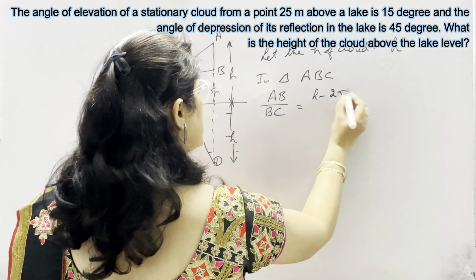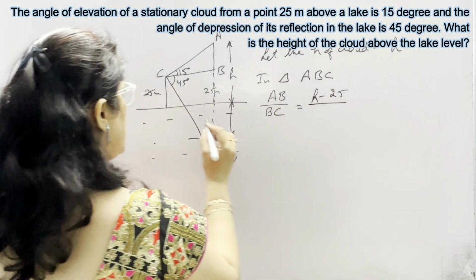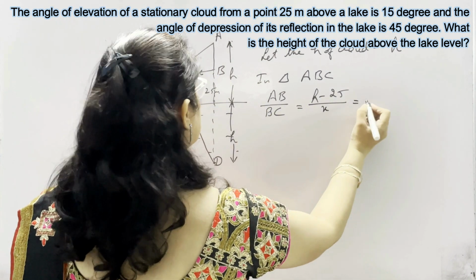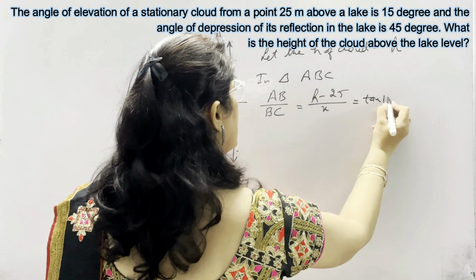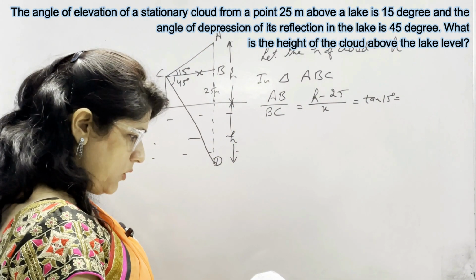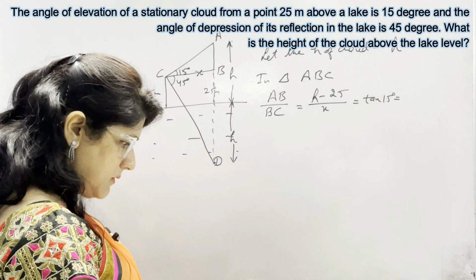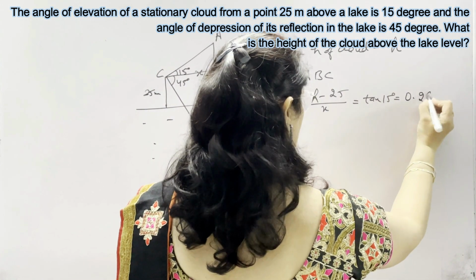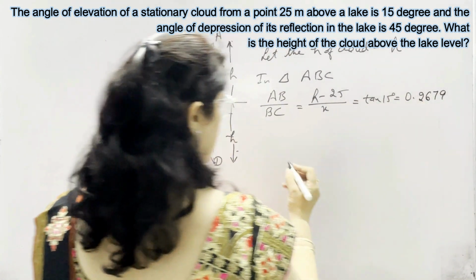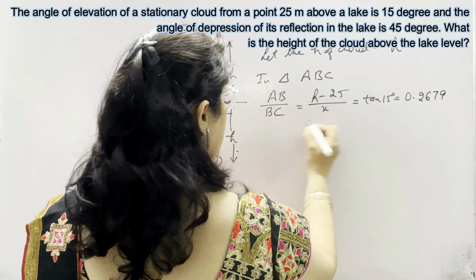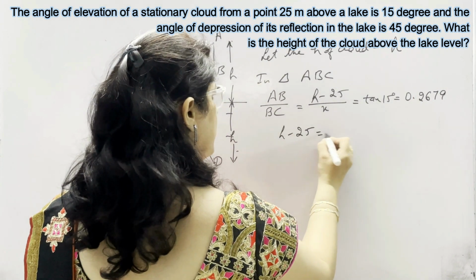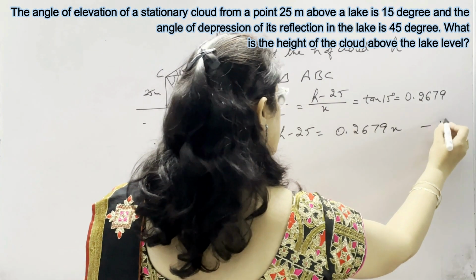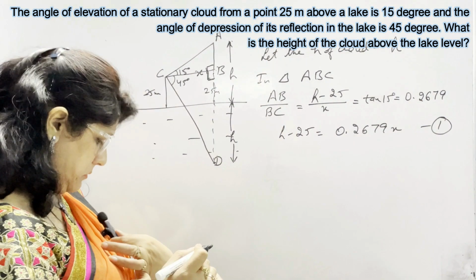So H minus 25 is the value of AB, and BC we can take as X. So (H minus 25) upon X is equal to tan 15, and the value of tan 15 is 0.2679. So h minus 25 is equal to 0.2679x. This is our first equation.